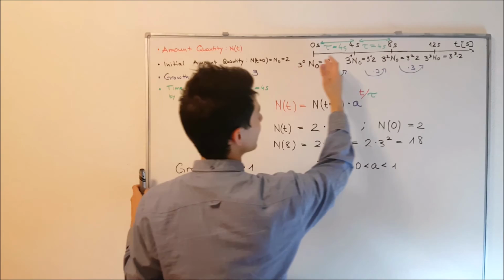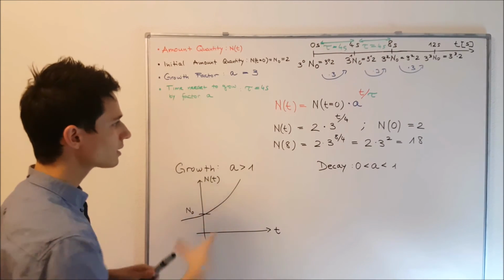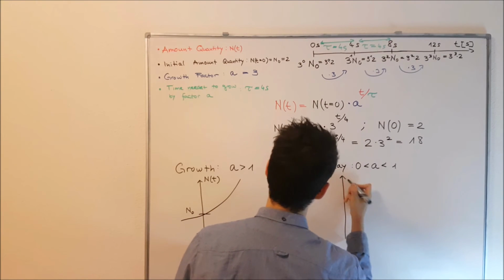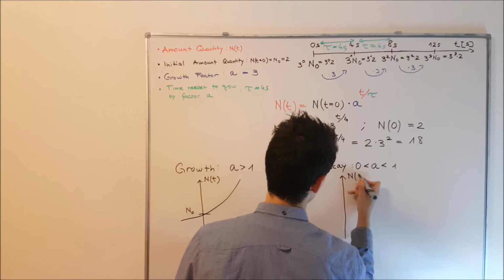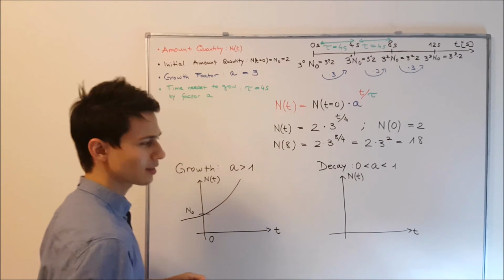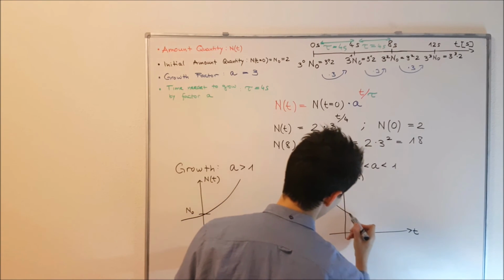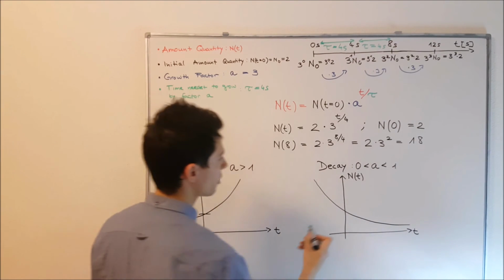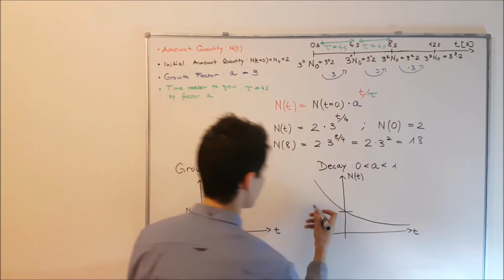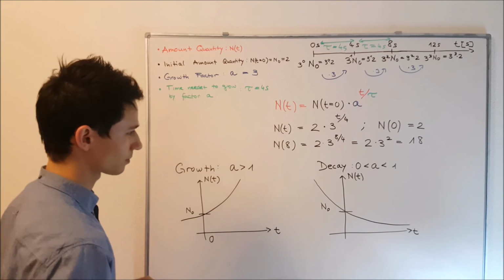And the quantity gets less and less as time goes by. So such a function would look approximately as follows. We again have n of t, then this has to be the time axis, and exponential decay would look approximately like this, where it also crosses the y-axis at the value n0, so at the initial amount.